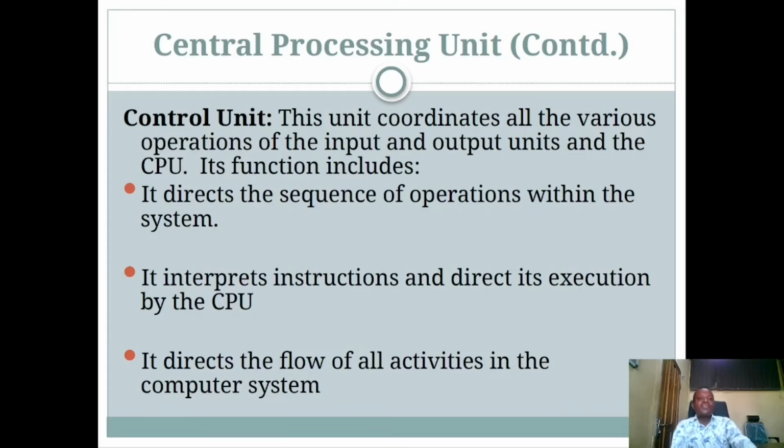If you want to execute any program, if you want to process any data, it's the control unit that determines which part of the memory the data will be stored. It's the control unit that determines which part of the memory the program will be stored and which program applies to which data. So the control unit coordinates and controls the various operations of the computer system.